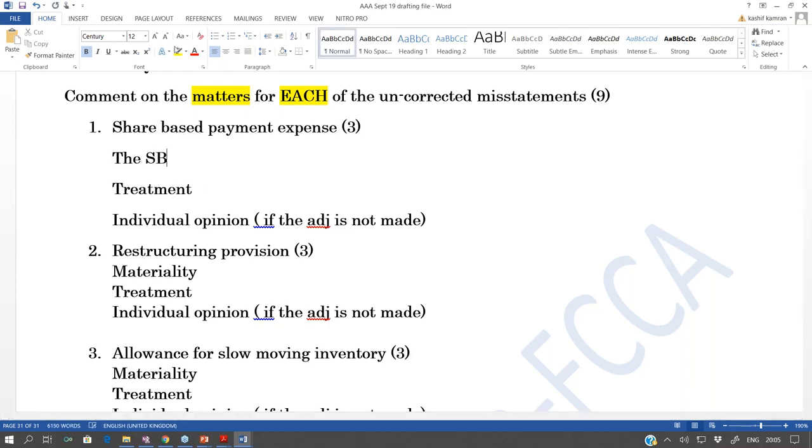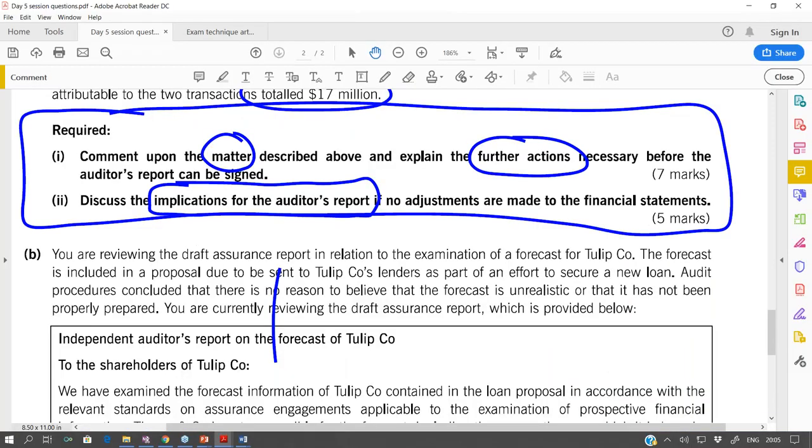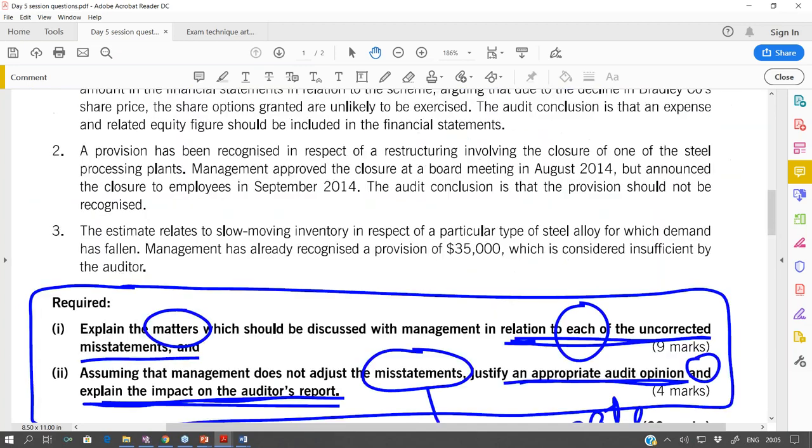The share-based payment expense, which is not recognized, is of 300,000.